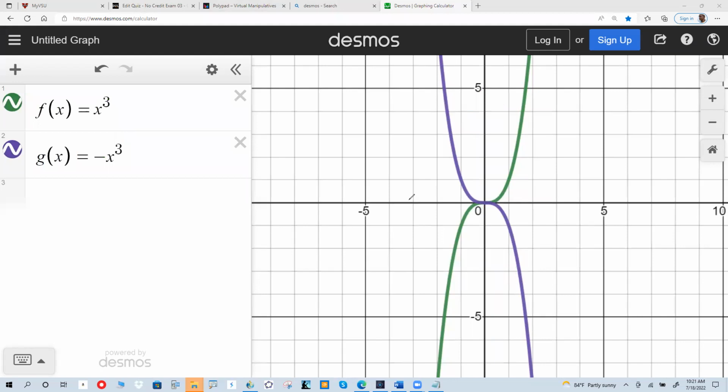Don't say flip. So it's basically pretend there's a mirror on the y-axis, not the x-axis. The right-hand side will be like the mirror image of the left-hand side, and so on and so forth. So if you stick a minus sign, it's called reflection with regard to the y-axis.